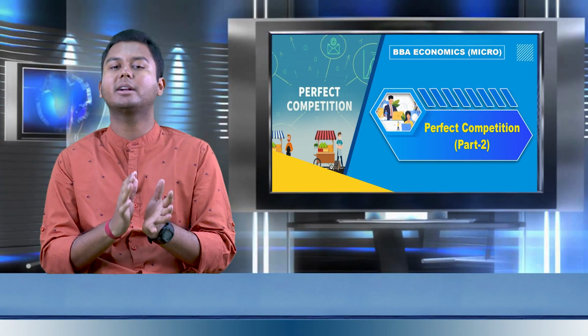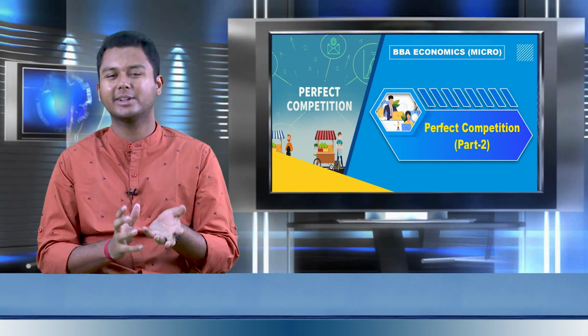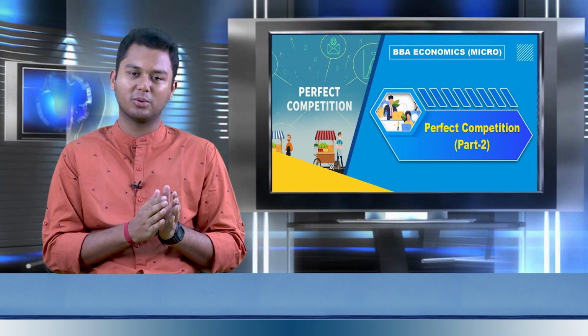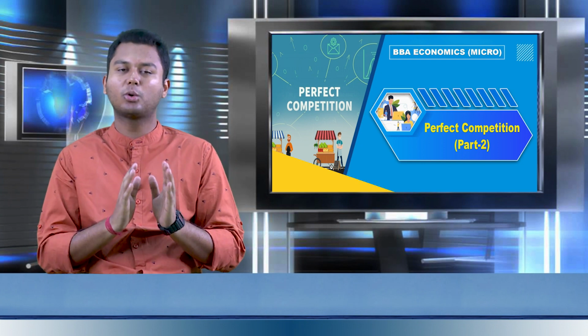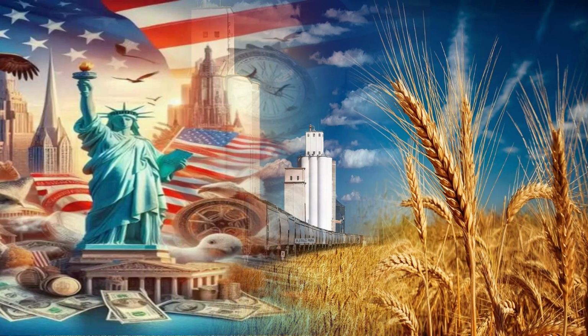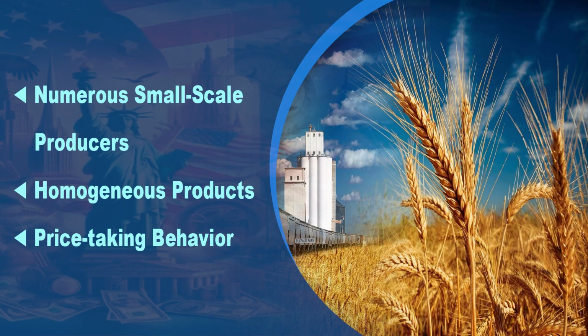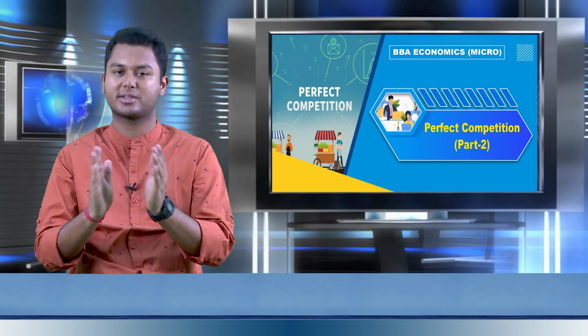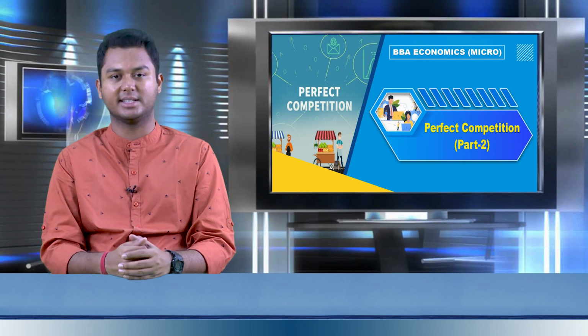The wheat market of the United States is often cited as a classic example that is very close to perfect competition. This market involves numerous small scale producers, homogeneous products and price taking behavior, that is, no one can influence price, thus making it an ideal case for studying this concept of efficiency.